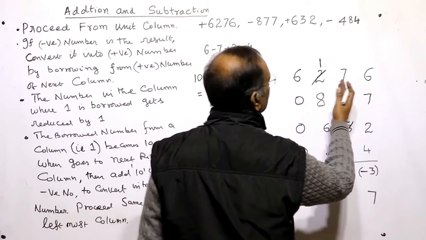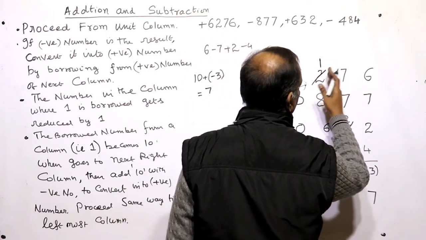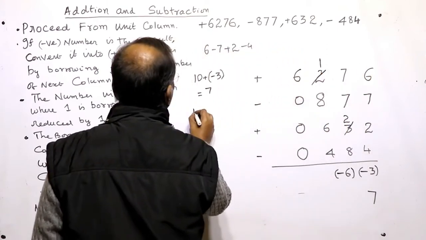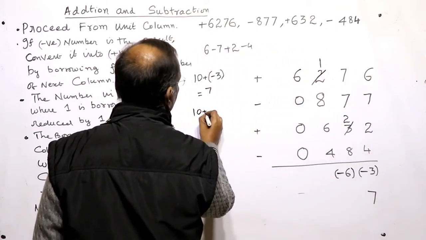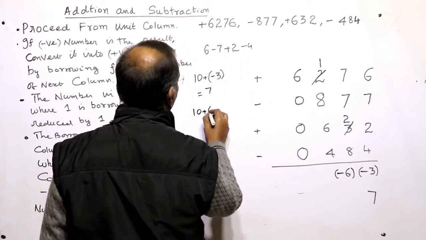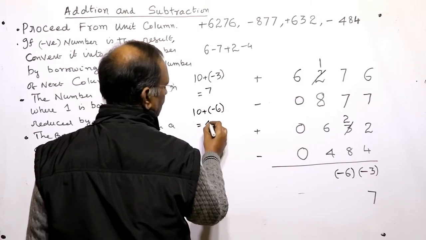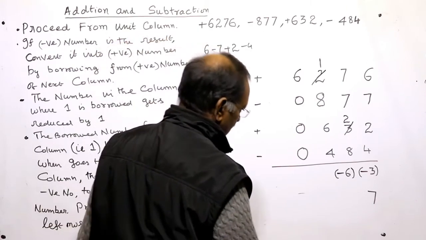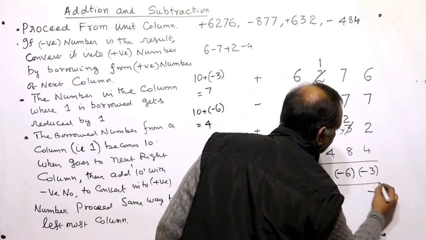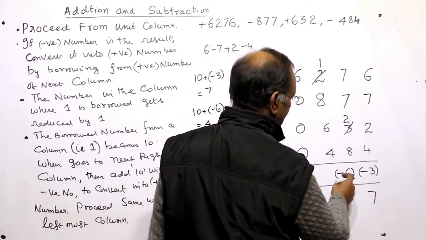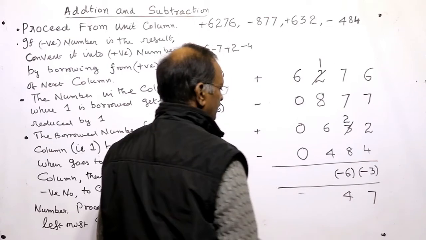That 1 going from the hundreds column to the tens column becomes 10. So 10 added with minus 6 to make it positive. 10 minus 6 is equal to 4. So the result is 4. So we have converted the negative number into a positive number.